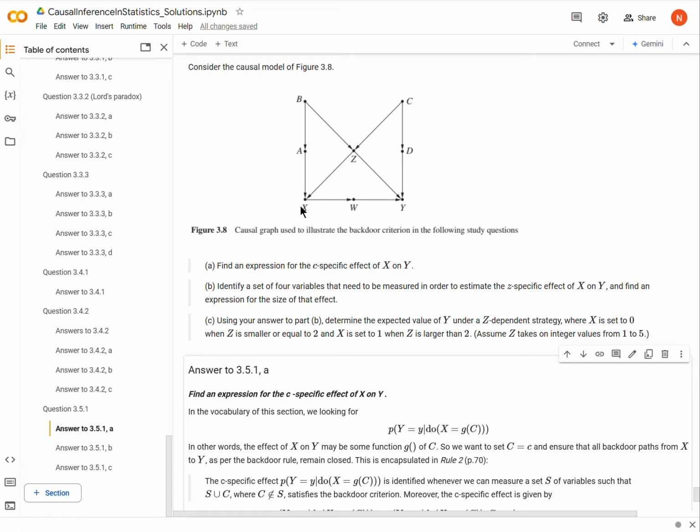But we still have this backdoor path that goes from X, Z, Y. So in order to block all these paths, we need to condition on Z. Now, when we condition on Z, notice that we actually open up a collider between B, Z, C. So by conditioning on Z, we open up this path, X to B to Z to C to Y, but we're conditioning on C. Therefore, even though this collider is open, its path is blocked by C later.